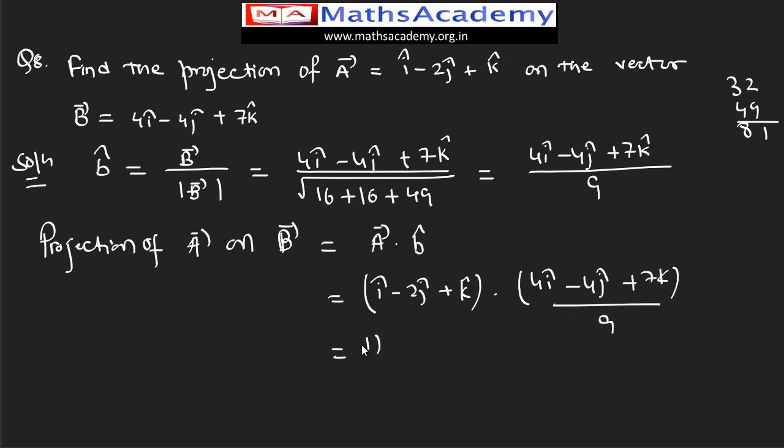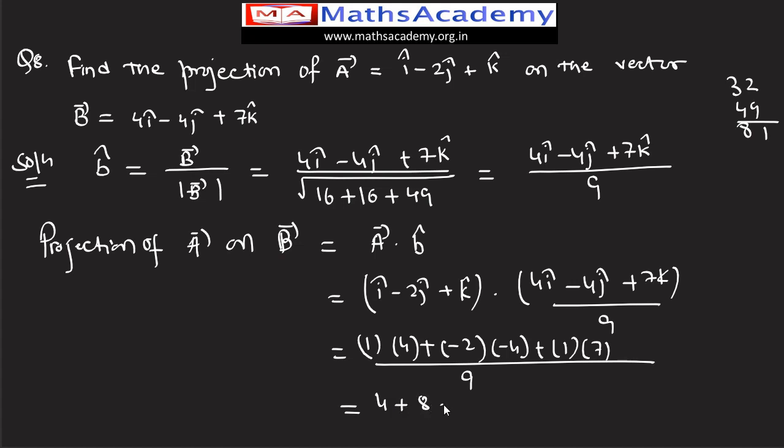So it will be 1 into 4 plus minus 2 into minus 4 plus 1 into 7, divided by 9. 4 plus 8 plus 7 divided by 9. It is 19 by 9. So the projection of the vector A on the vector B is 19 by 9.